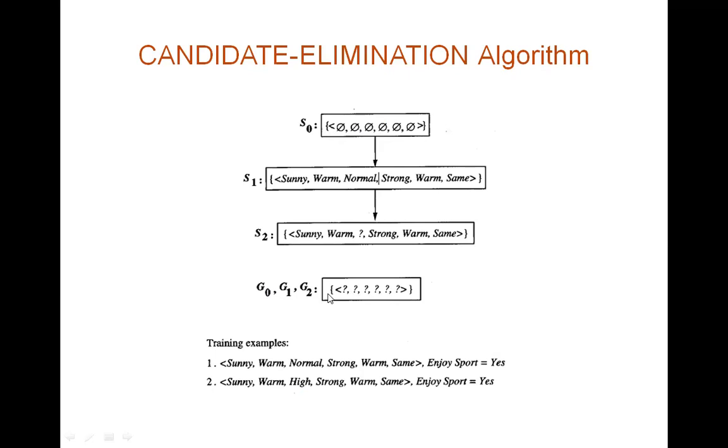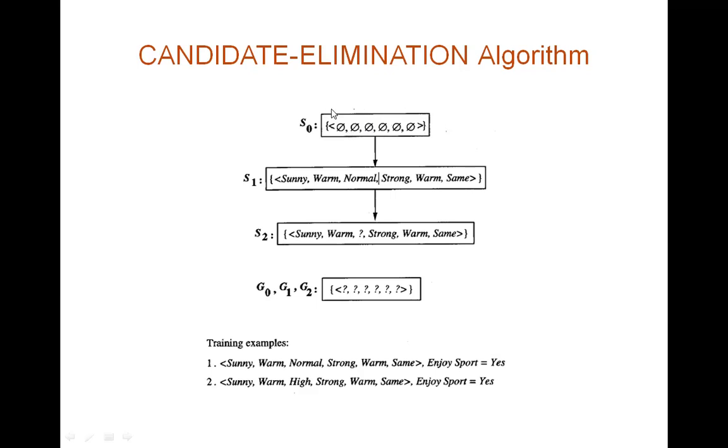G naught means all question marks. I will come to training example 1. This is the first training example. You can see here, positive example. When it is a positive example, we'll change only S naught. G naught is not changed. G naught will become G1 and the hypothesis will remain the same. S naught will become S1.